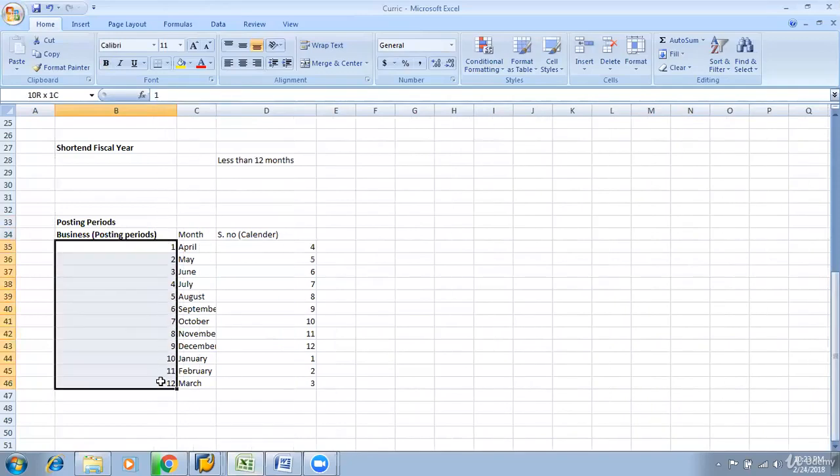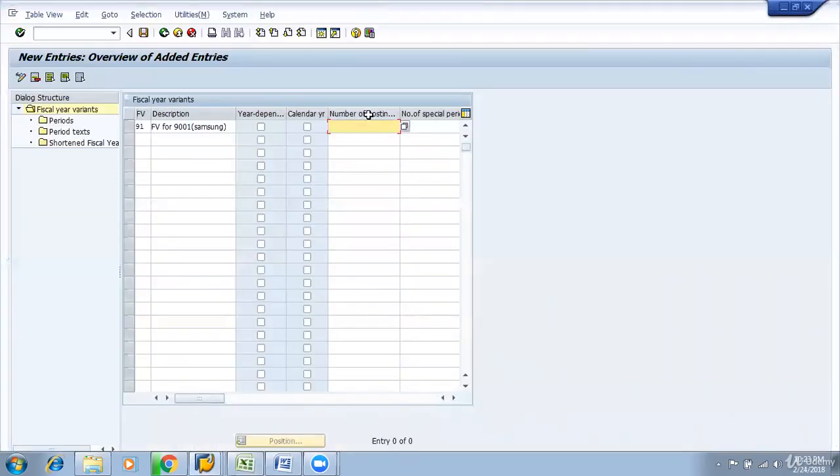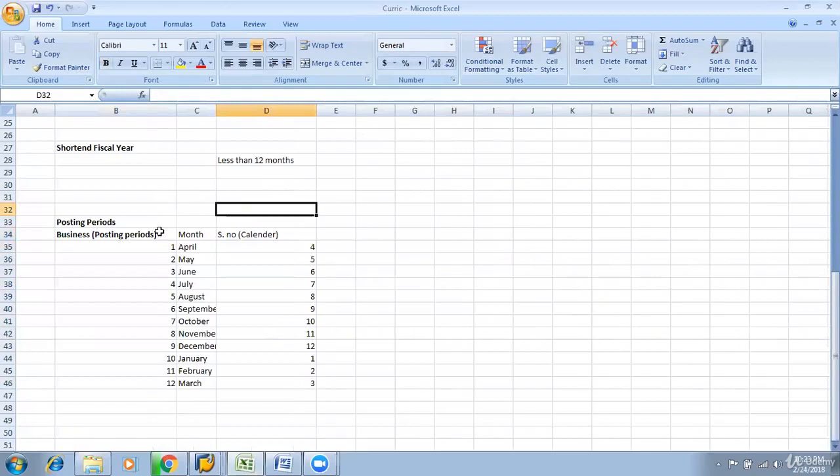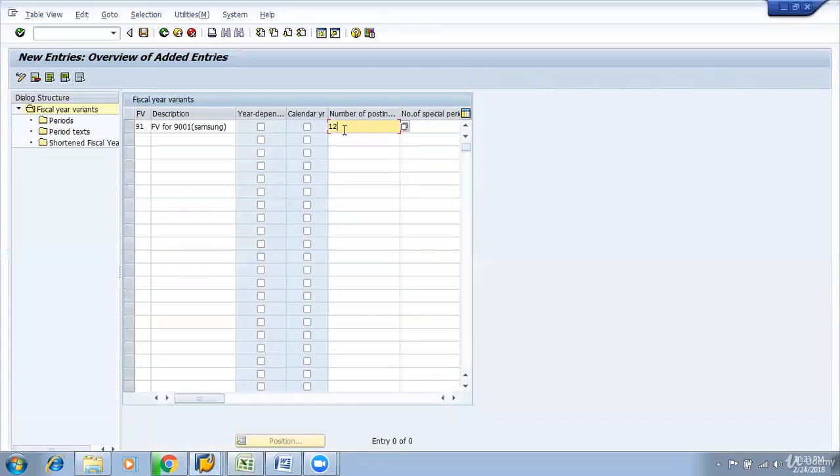So how many posting periods do we have? 12. In the number of posting periods, I enter 12. Clear? Now, in case of a shortened fiscal year, it may have less than 12 months, so less than 12 periods. For example, 6 periods. I would enter 6 here. Clear? Now, coming to the next, number of special periods.